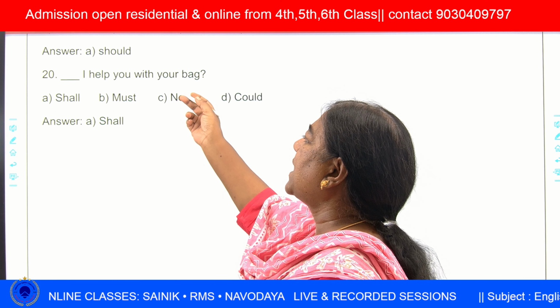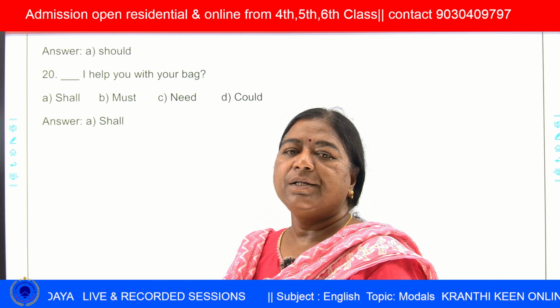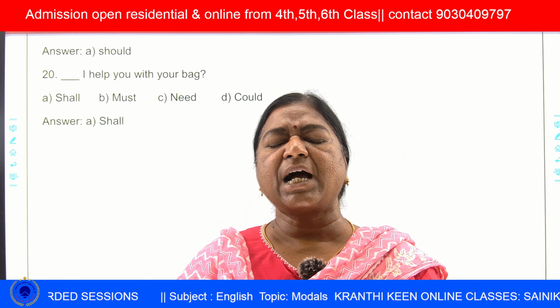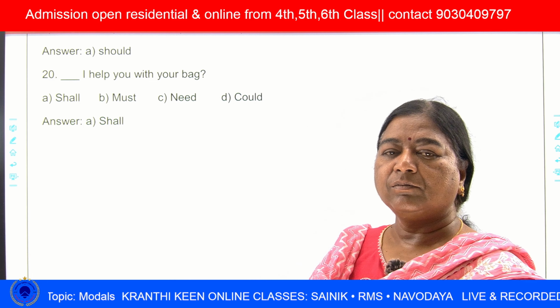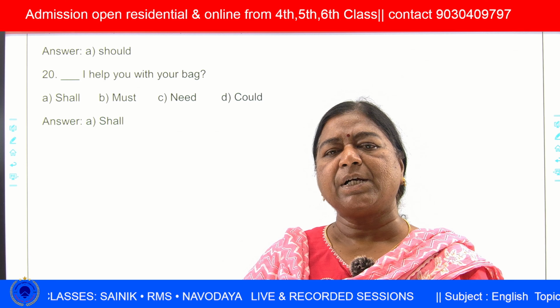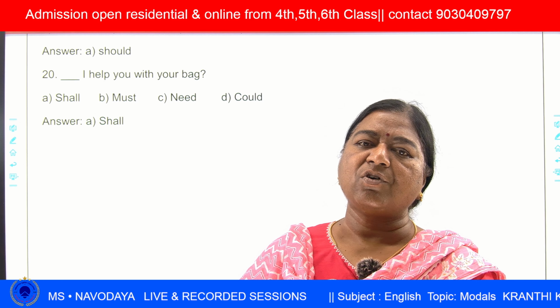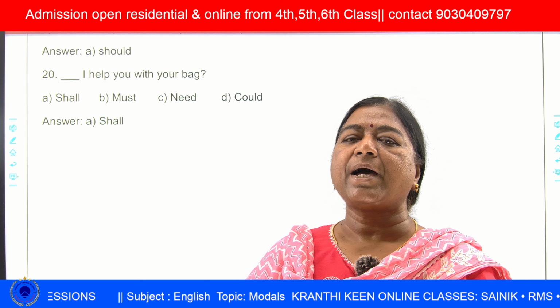Now, this is a kind of offering help to somebody. Now, when we want to ask in an informal way, you can use can. Say between the friends or among the friends, you can be very informal. You can say, "Can I do that for you?" or "Can I help you in packing the bag?"